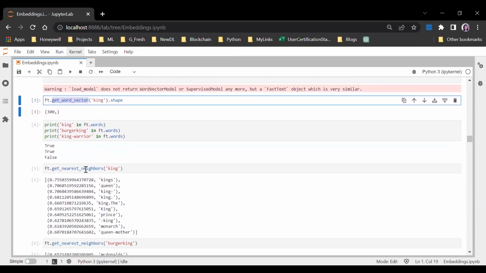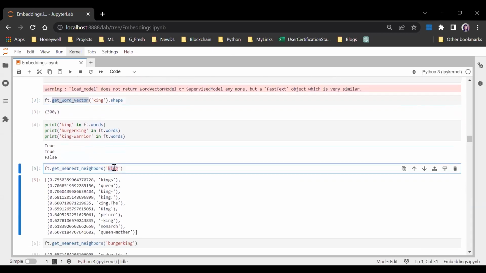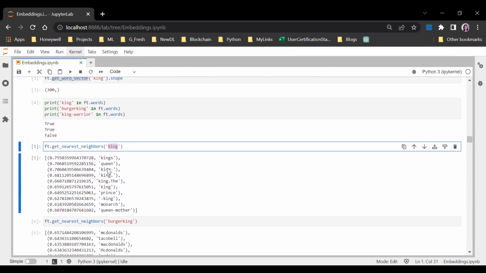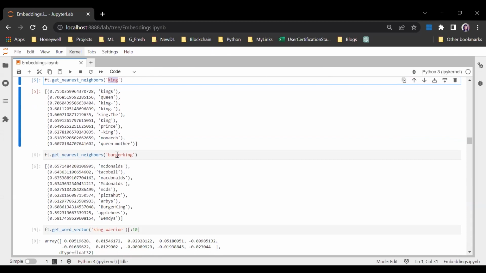Let's say I'm passing the word king and I want to identify the nearest neighbors, the words similar to king in the vector space on which the FastText model was trained. Then we see that there are kings, queen, prince, monarch. If we search for Burger King and try to identify the nearest neighbors, then we get McDonald's, Taco Bell, Pizza Hut, and so on.